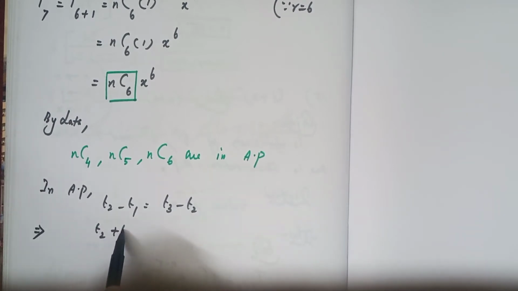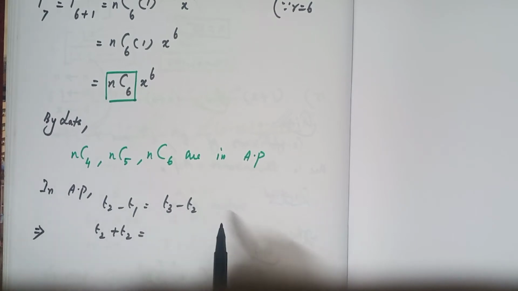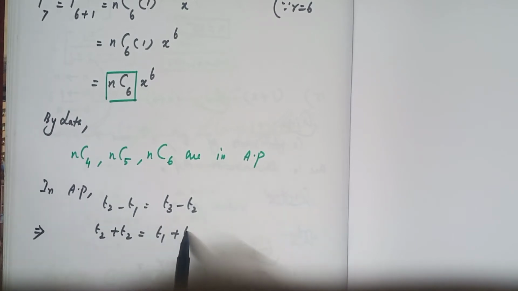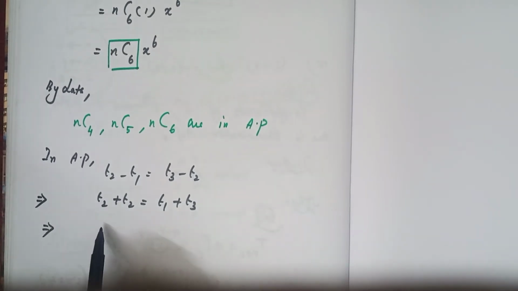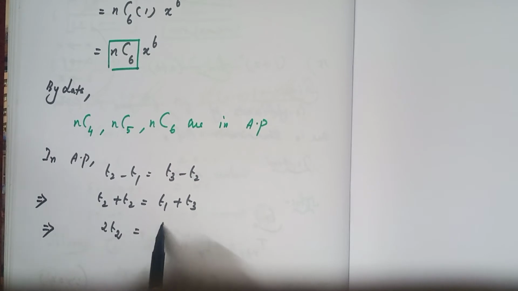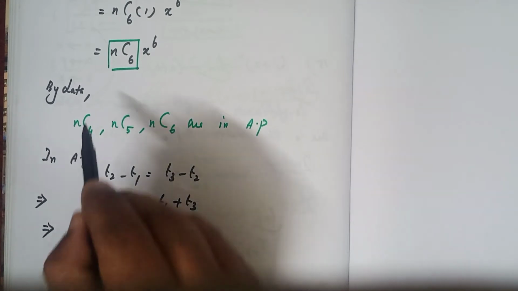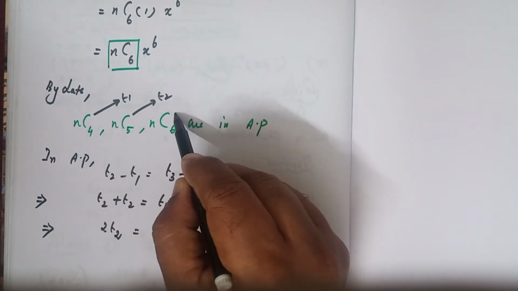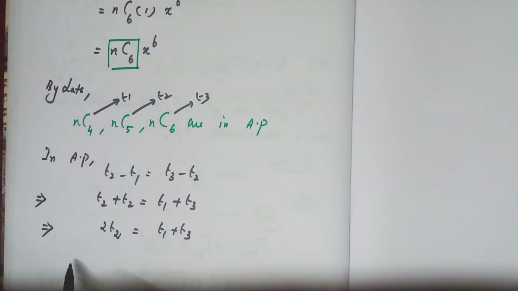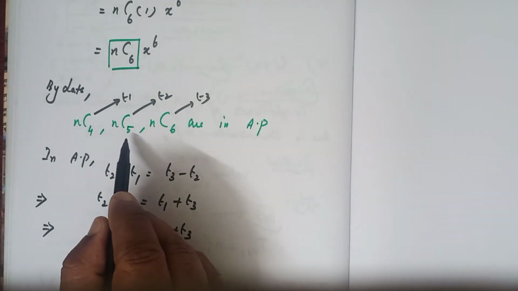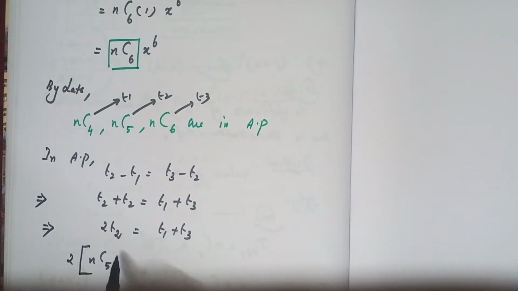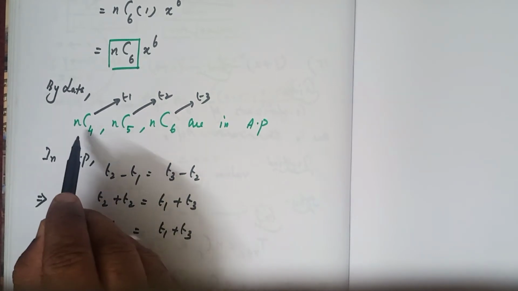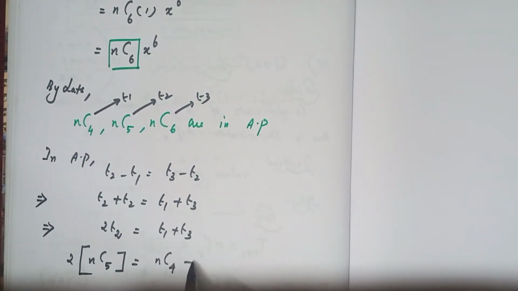So T2 plus T2 equals minus T1 comes right hand side plus T1 plus T3, which implies 2T2 is equal to T1 plus T3. This is T1 first term, this is second term, this is third term. 2 into what is the second term? NC5. T1 plus T3. T1 is equal to NC4 plus T3 is equal to NC6.